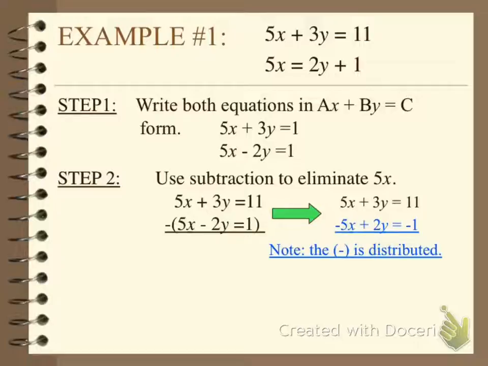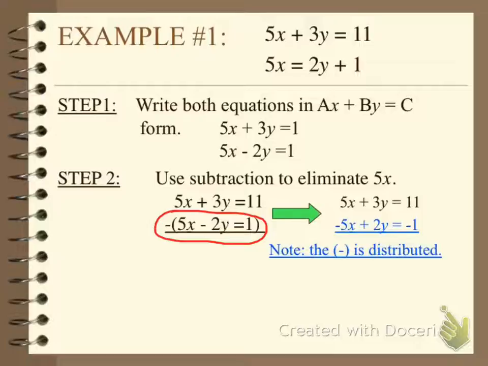It's kind of like distributing a -1. So you take that, it changes the sign of every term. So we get the negative 5x, now we get a positive 2y and a -1. Okay, so we distributed a -1.